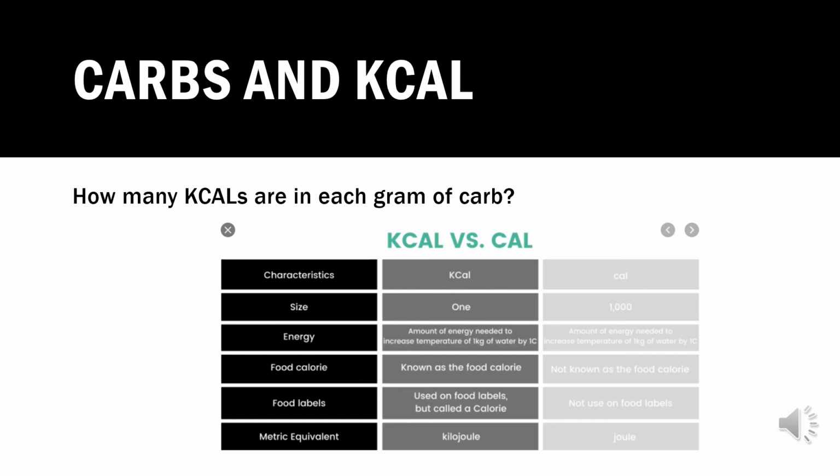If you think about the amount of sugar that you may put in sweet tea, and if you drink a good bit of that throughout the day, that's a lot of calories coming from carbohydrates and sugar. So that's something that we need to think about when we're caring for our patients.